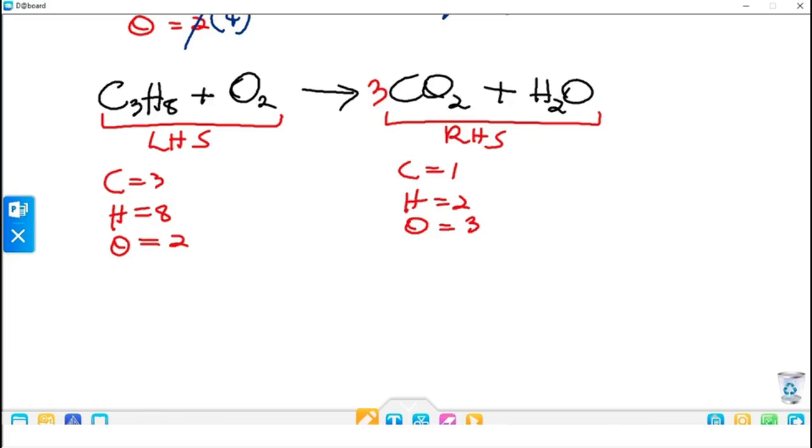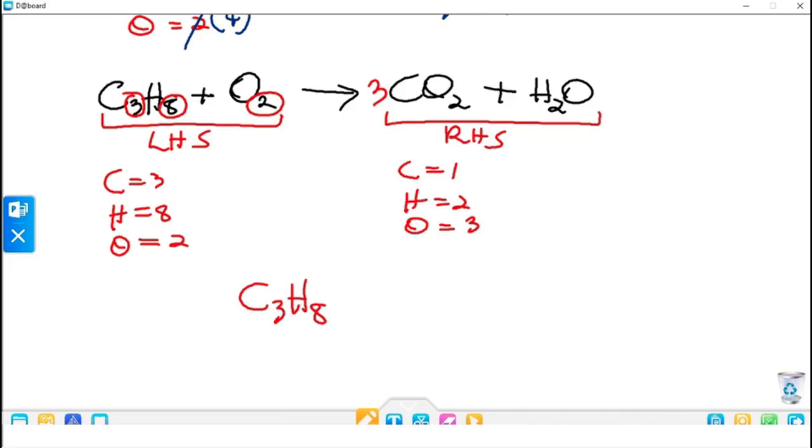Now I know someone may be asking, why is this 3 written as subscript? This 8 is also written as subscript. This 2 is also written as subscript. And we are saying that numbers shouldn't be written as subscript. Please, these are compounds, and that is their formula.